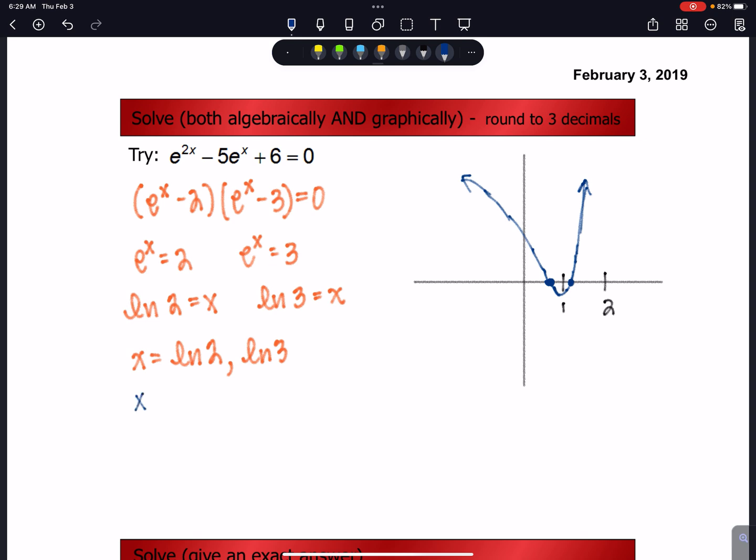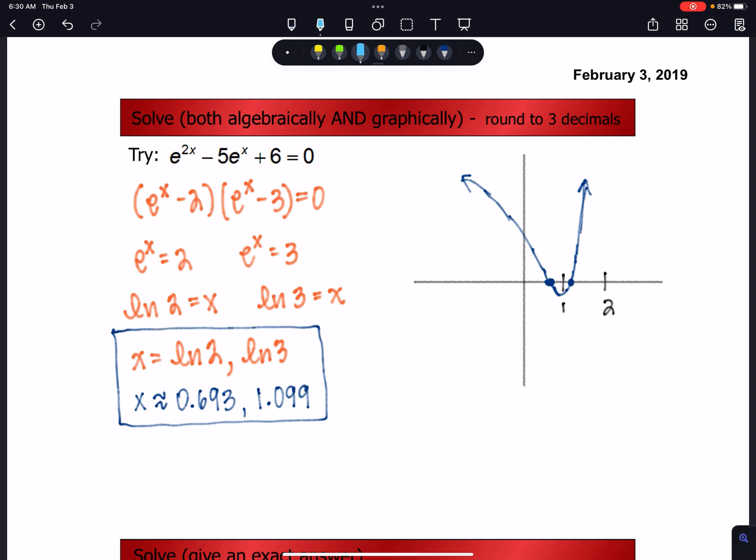So we get x is approximately 0.693, which is equivalent to the natural log of 2, of course rounded, and 1.099. So there are our answers in two different forms. So we have two answers, natural log of 2 and natural log of 3. The blue highlight is the exact answer, and the orange highlight is the approximate answer.